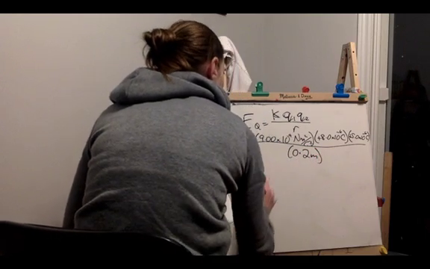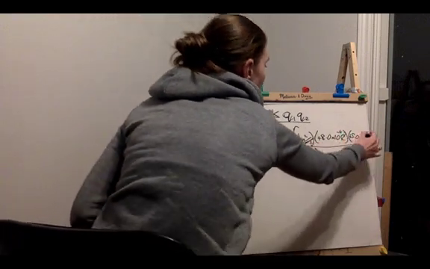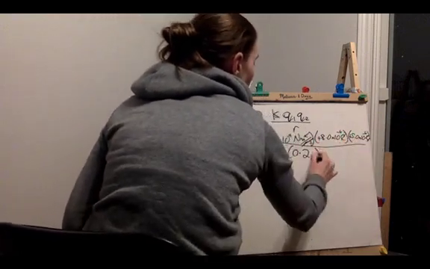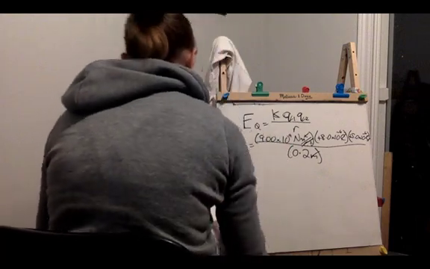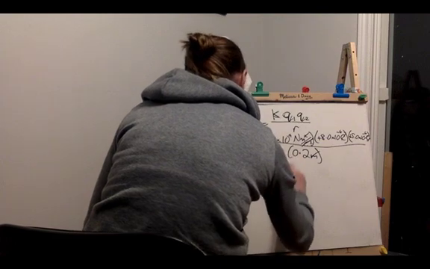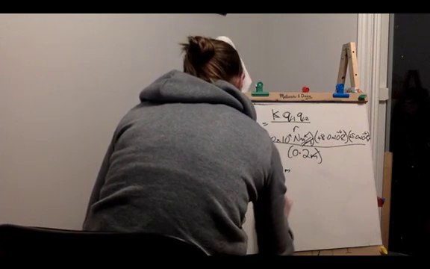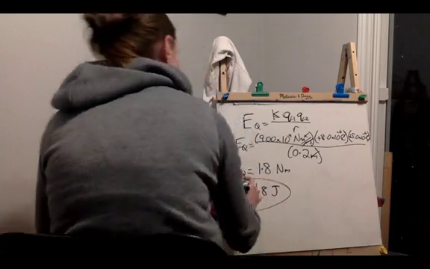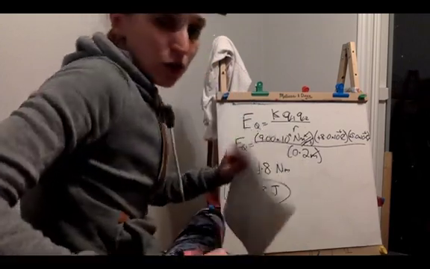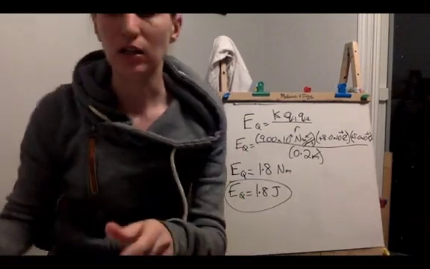Then, carefully plugging that into your calculator, you'll notice the units cancel, and you're left with a value of 1.8 newton meters, or EQ being 1.8 joules. So the electric potential energy stored between them is 1.8 joules.